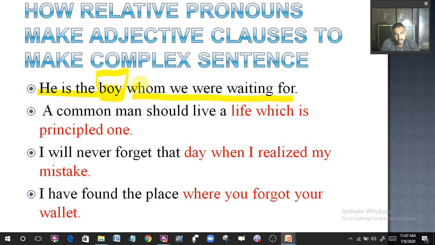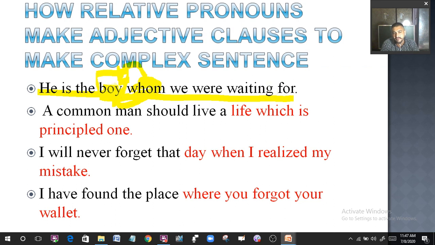This word whom, which is a relative pronoun, is talking about the noun boy. So whom is actually talking about this antecedent, whatever noun or pronoun it is, which is boy here. It is describing the boy because they were talking about the same boy, whom we were waiting for.